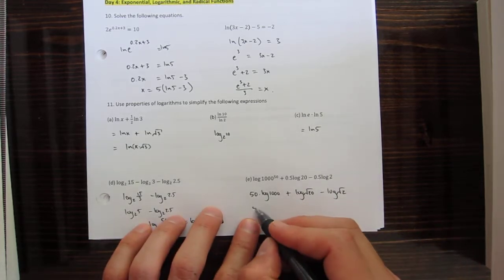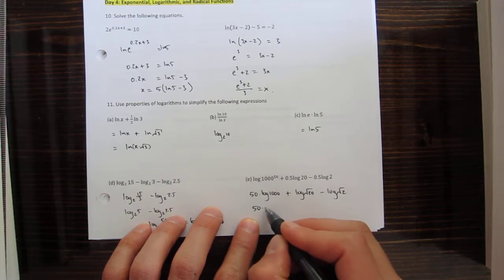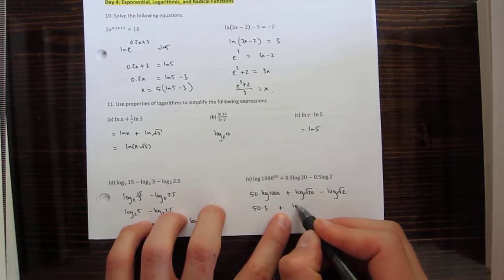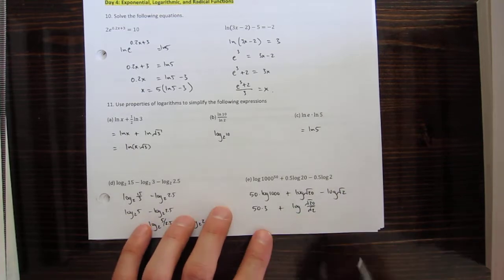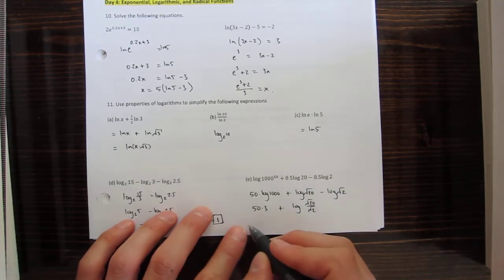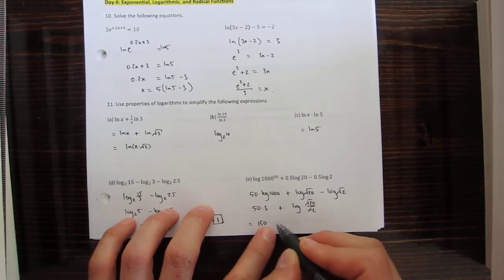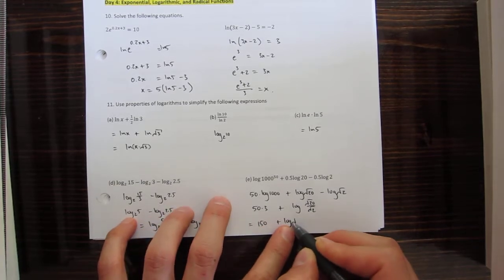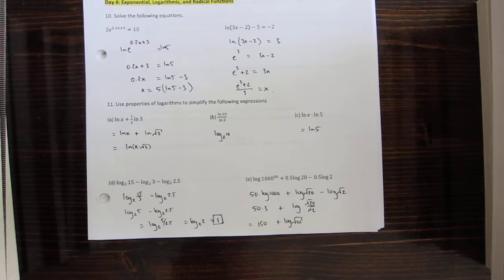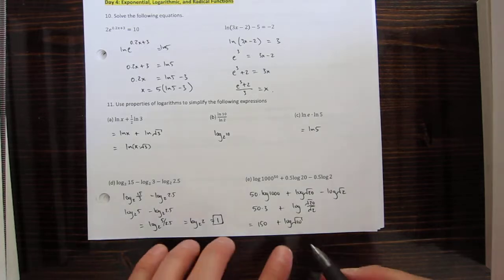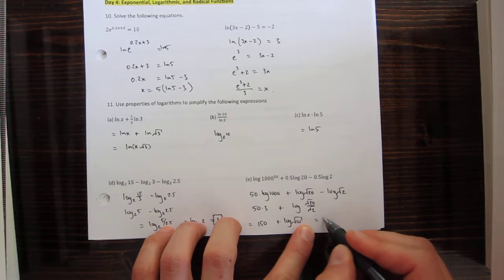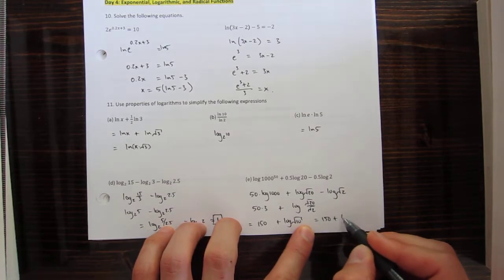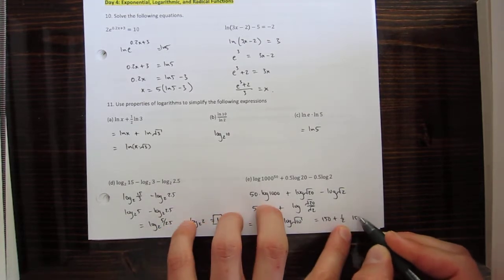So this becomes 50 times log of 1,000 is 3, plus log of square root 20 over square root 2 using the quotient property. And then that simply becomes 150 plus log of square root 10, because square root 20 divided by square root 2 is square root 10. This is asking me 10 to which power is the square root of 10? That's 1/2. So this is 150 plus 1/2, or 150.5.